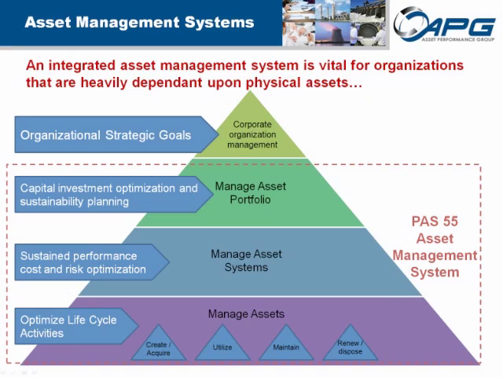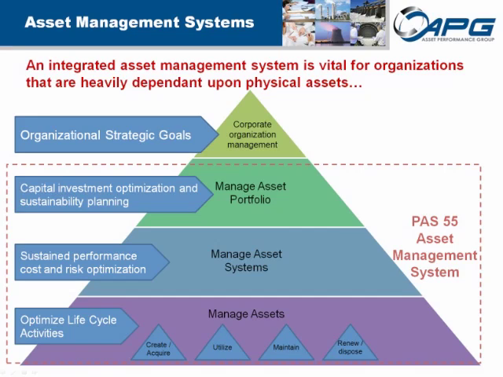When we're talking about an asset management system, this really defines where PAS-55 fits into your organization. So at the top we have the organizational strategic goals, and we're going to talk about that a lot this morning, this afternoon, depending on where you are. What we're talking about is the business plan, the charter, the balanced scorecard.